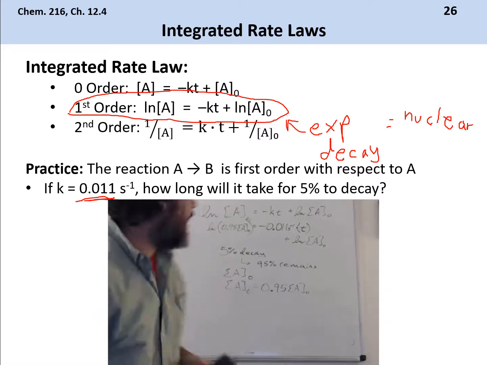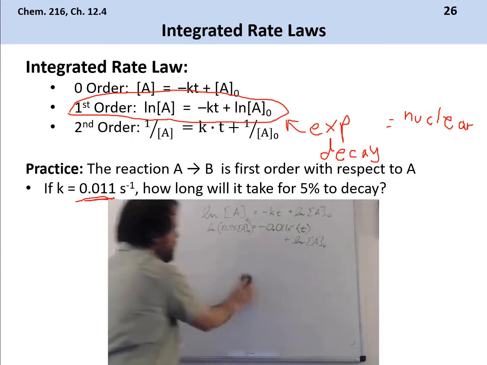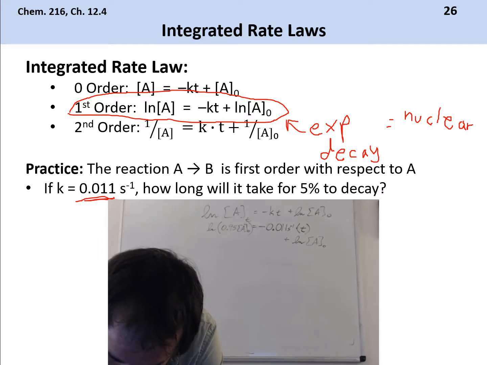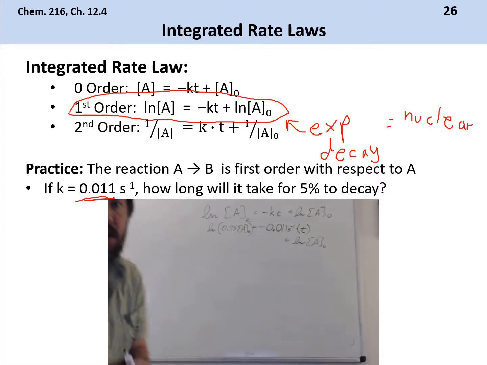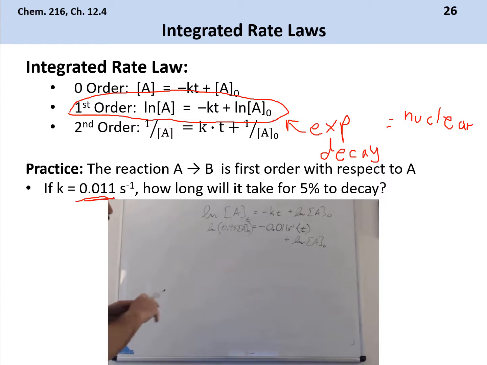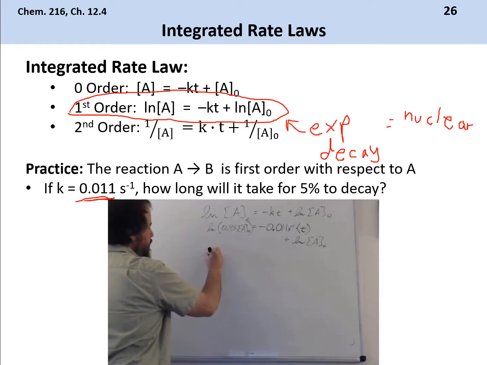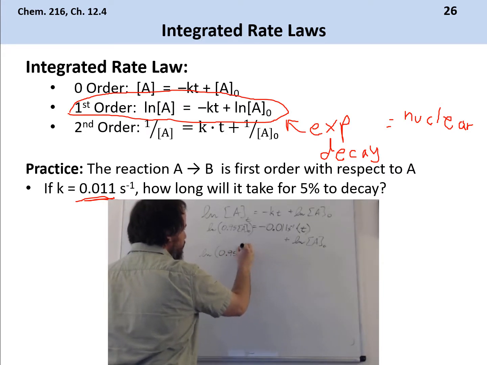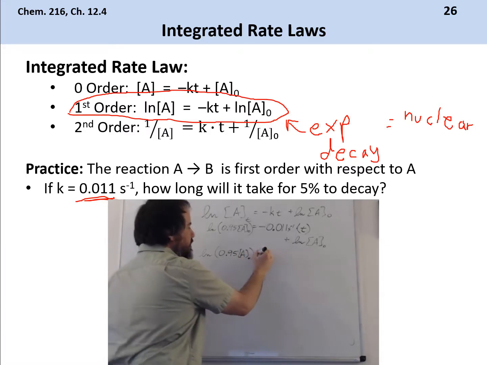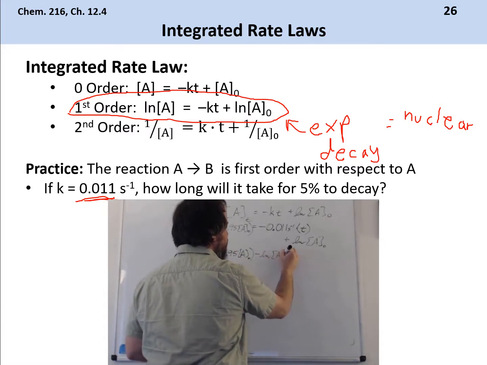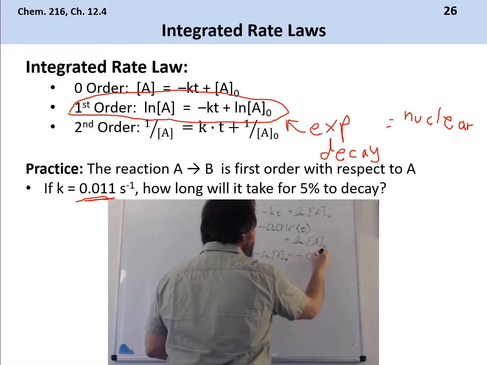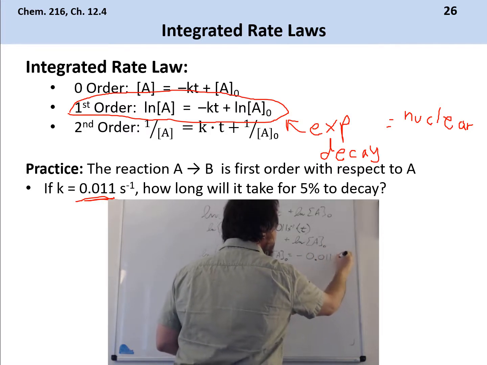Okay, so let's go ahead and do this. When I rearrange this, I'm going to get ln 0.95 A naught minus ln A naught equals negative 0.011 times t.